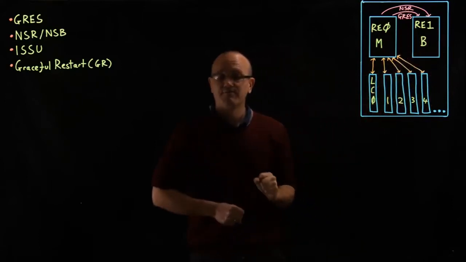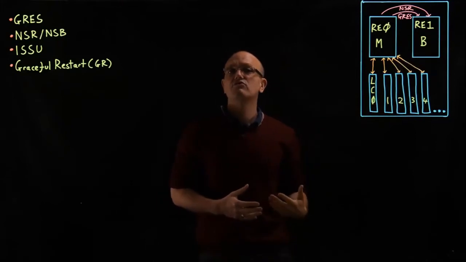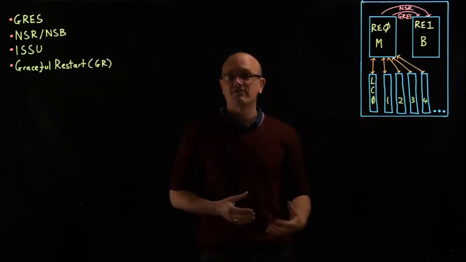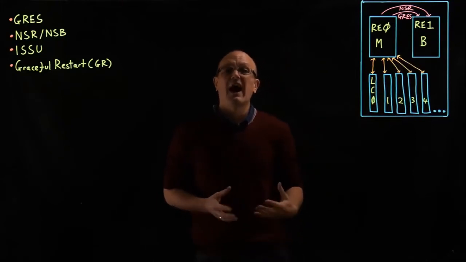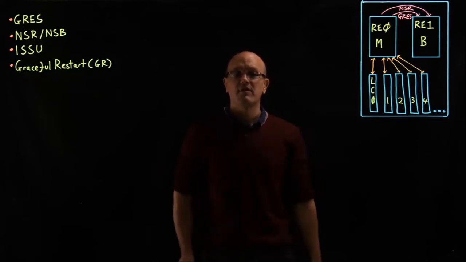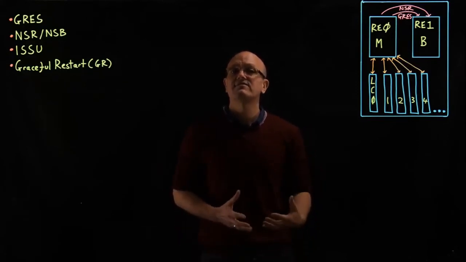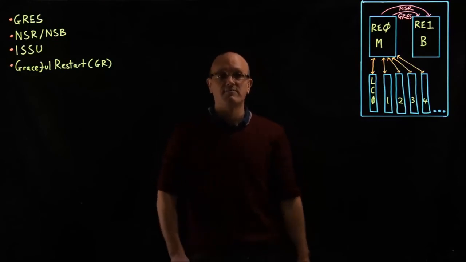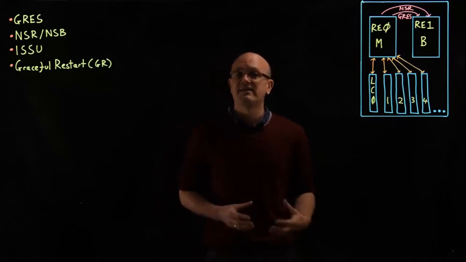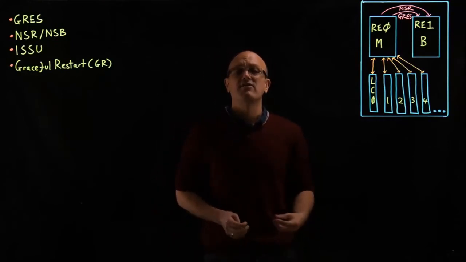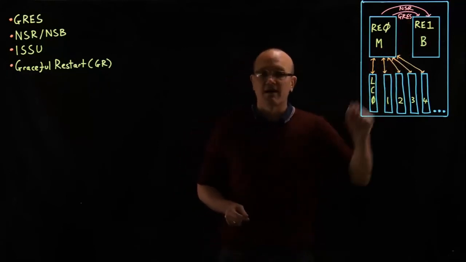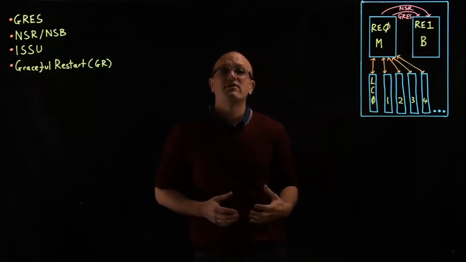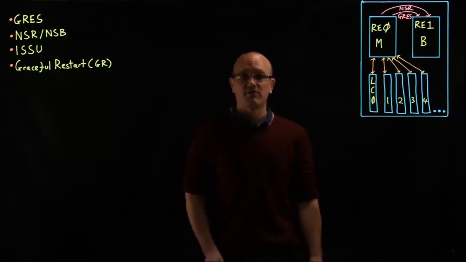The new master then has to reform control plane adjacencies to all its router neighbors. And we're improving convergence here, but we're still looking at tens of seconds of downtime. This downtime is going to vary depending on the amount of control plane state that we need to relearn on the new master. So there are still further improvements here that we can add.